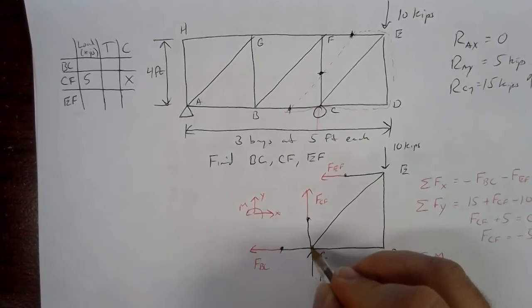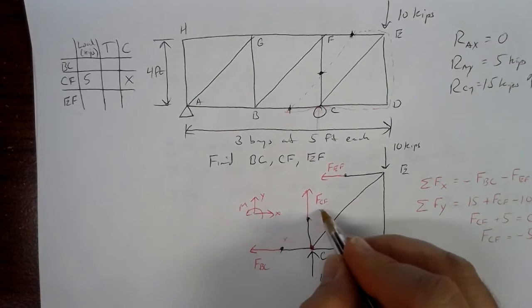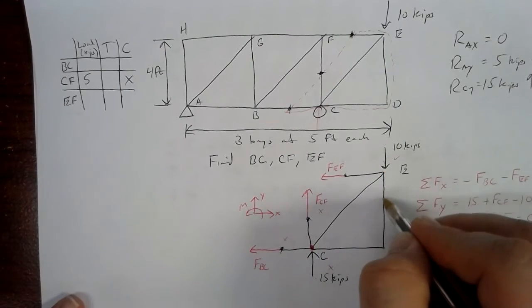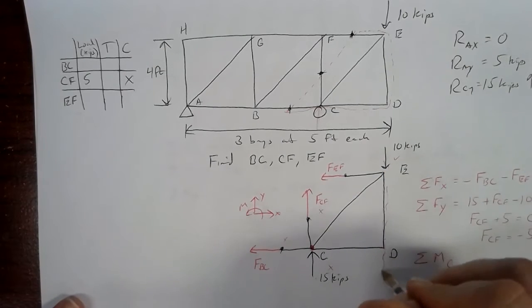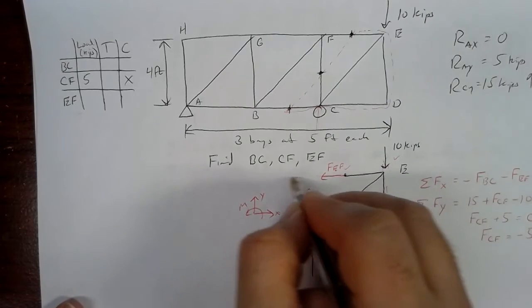Looks like joint C is going to be the best point to pick here, because joint C will knock out the 15 kip force, it'll knock out FBC, it'll knock out FCF. The only 2 forces that will have a moment will be the 10 kip force with its line of action going down this way, and FEF with its line of action going this way.